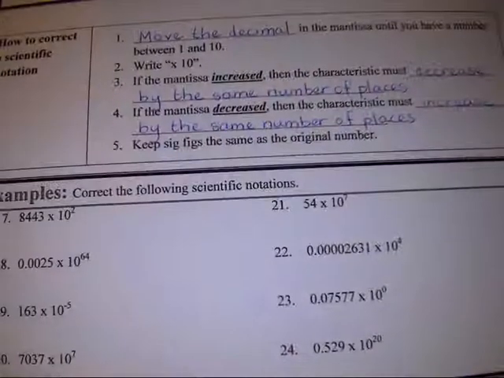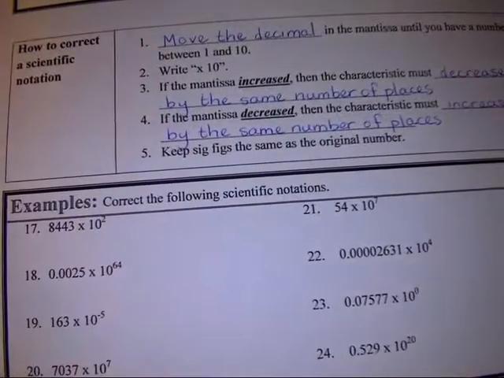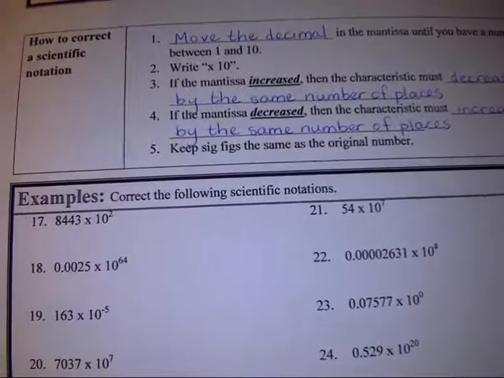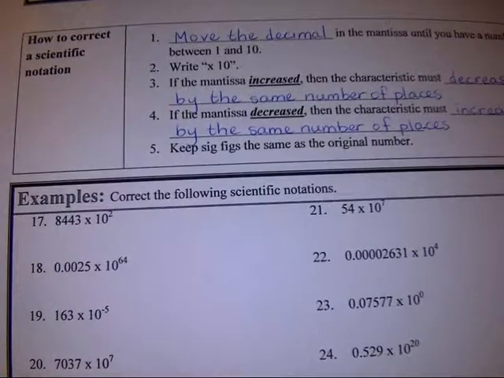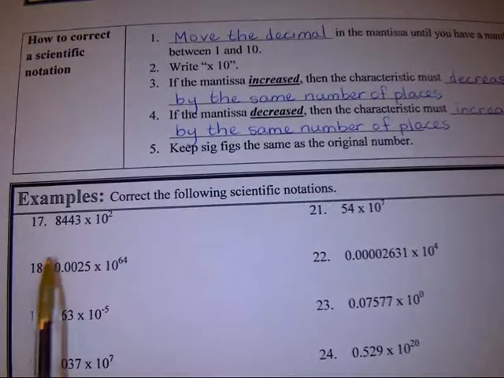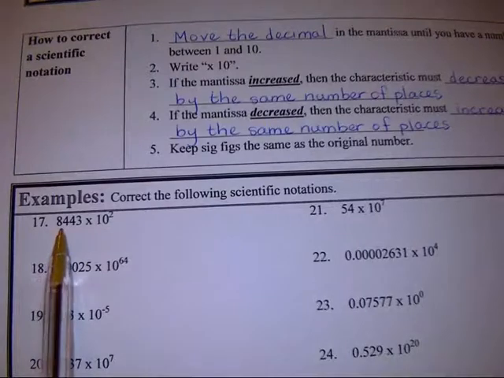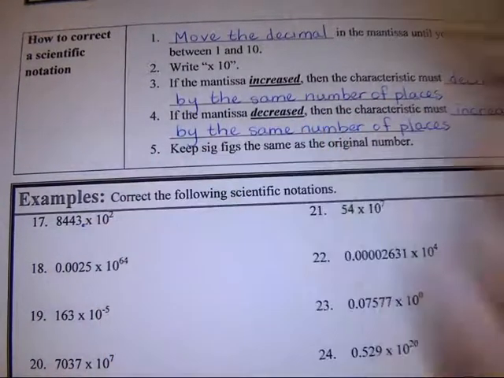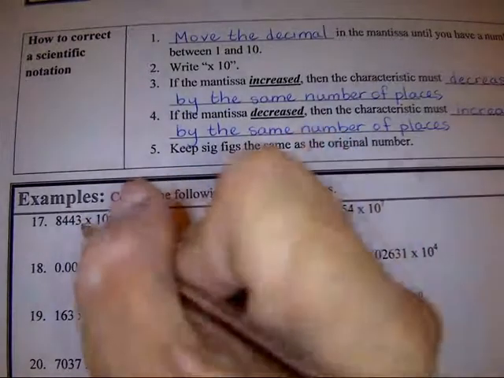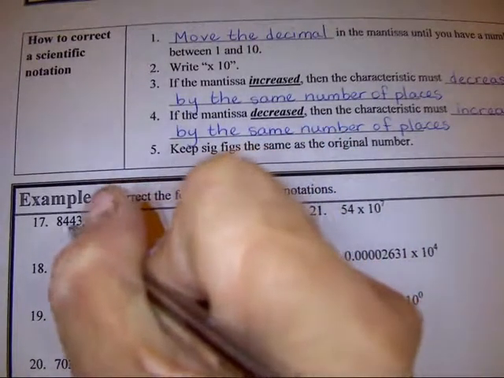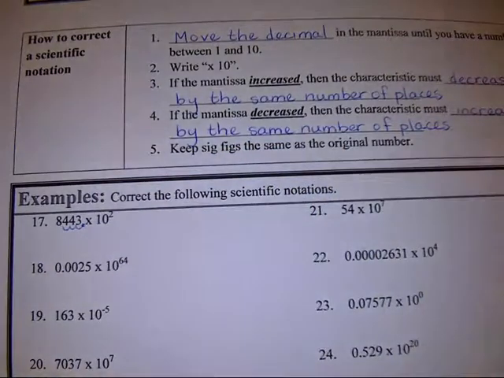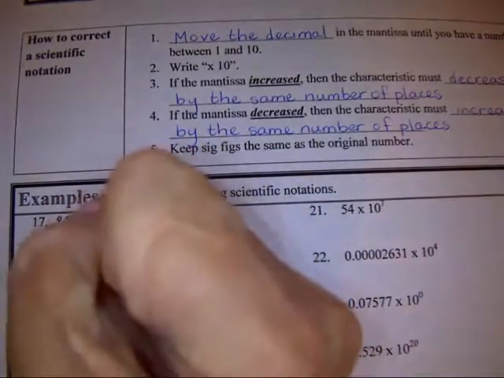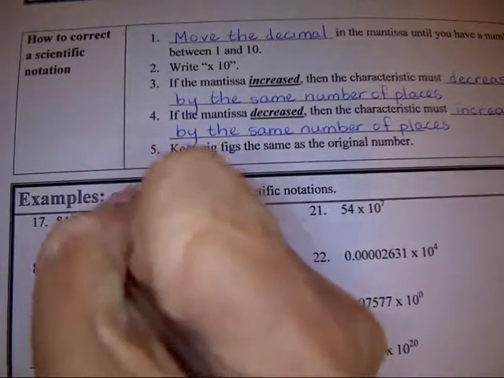So looking at number 17. Number 17 says 8,443 times 10 to the second power. You can see that it is incorrect because the mantissa is not between 1 and 10. Its original decimal is after the 3. We have to move it to between the 8 and the 4. So your new mantissa will be 8.443.